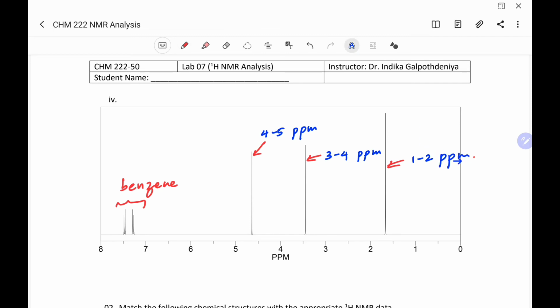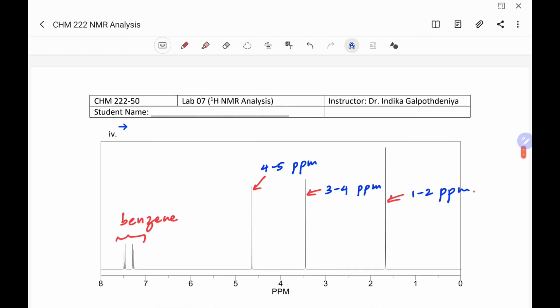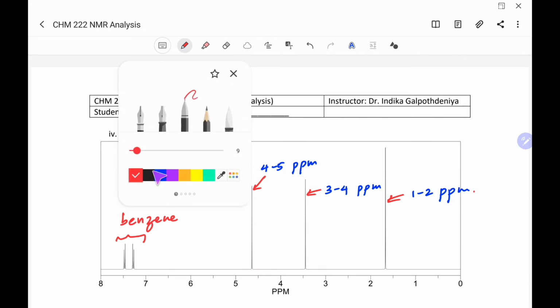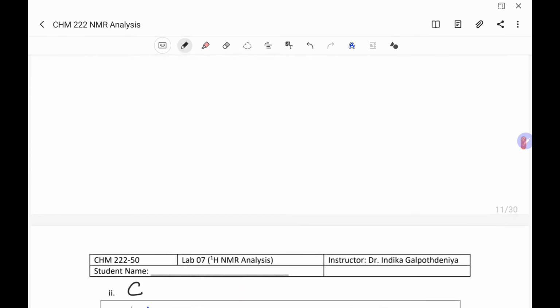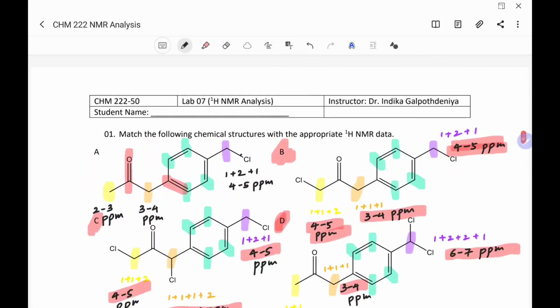Okay, so let's go and verify it. I'm pretty sure this is A, but we want to verify it. Well, that is A. Why? Because here is your 4 to 5 peak, 3 to 4 peak, and 2 to 3.